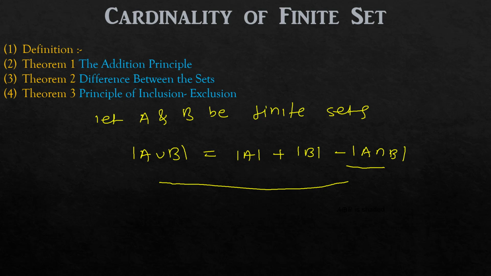So n(A union B) is equal to n(A) plus n(B) minus n(A intersection B).